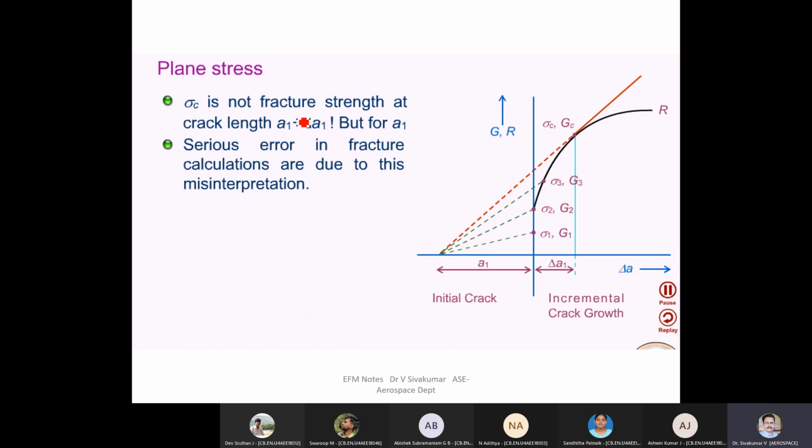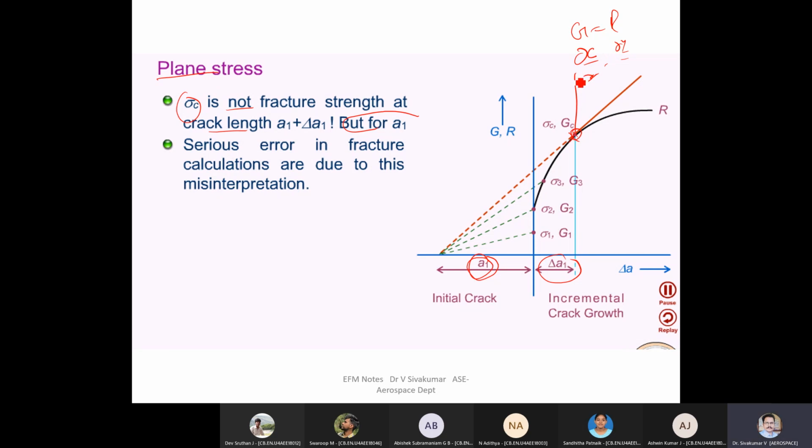So for the plane stress, sigma C is not the fracture strength at the crack length A1 plus delta A1. Because your crack A1 is fulfilling here the two conditions: G is equal to R, and dG by dA is equal to dR by dA.